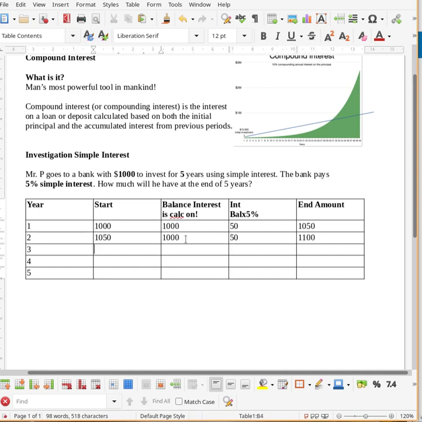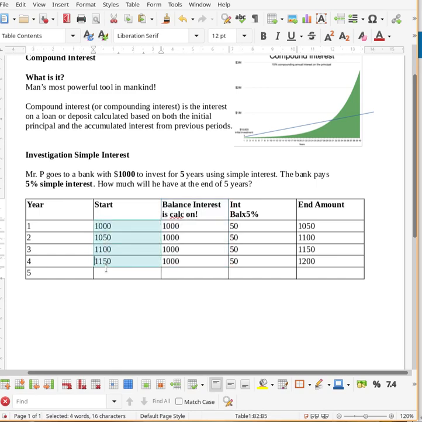But the next year we start with $1,100, right? And we still only get interest on the starting amount of money that we had at the very beginning, and we still get $50, and now we end up with $1,150, and we do this again ad nauseum until we get to our final year. Now remember, the balance for simple interest is always calculated on our initial amount that we put in, never the accumulated amount that we have here.